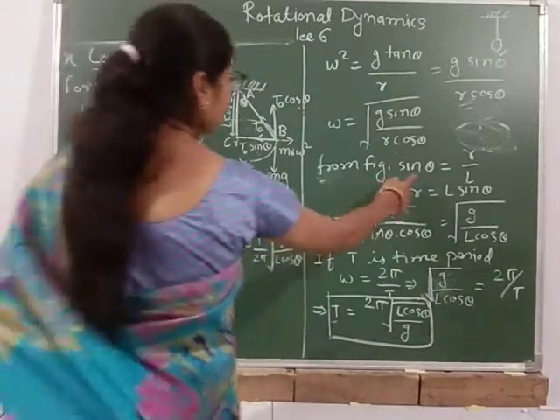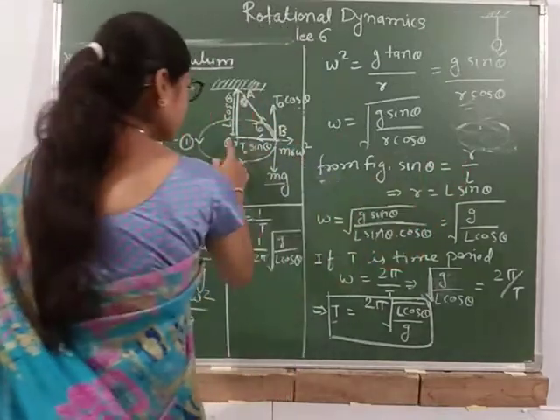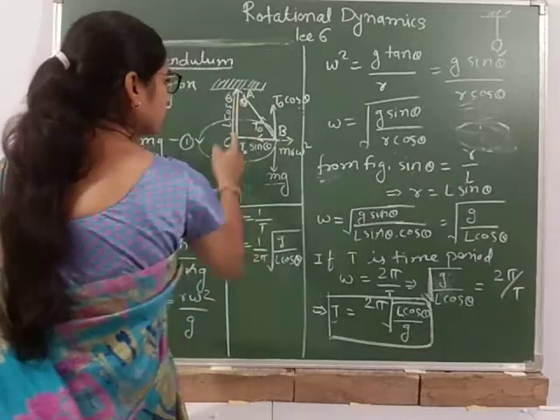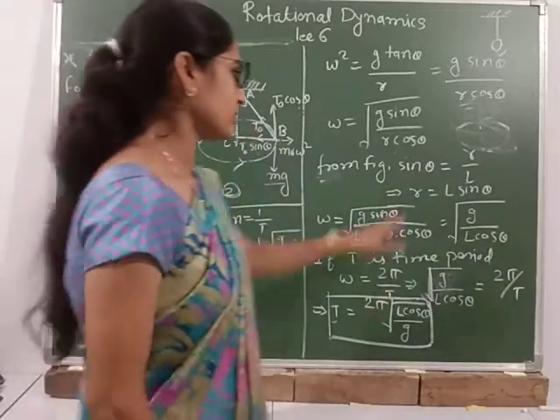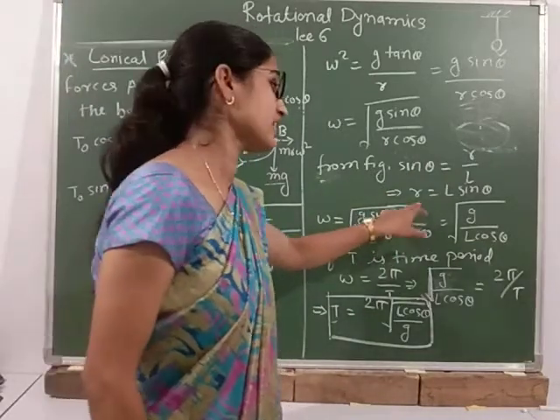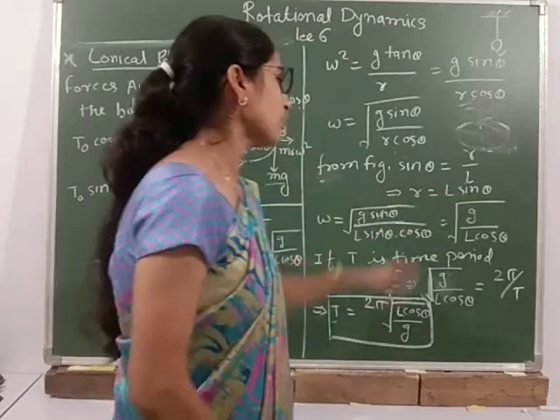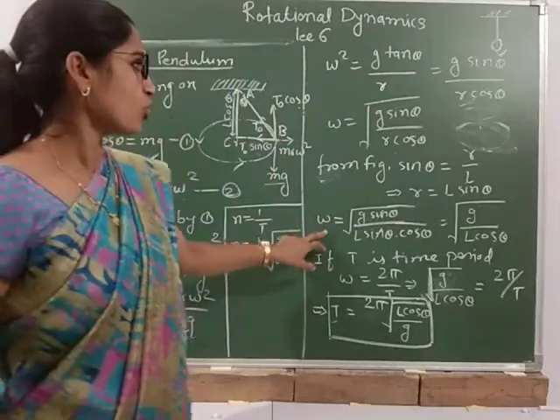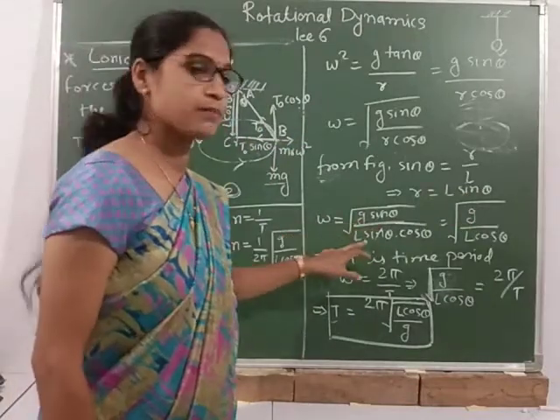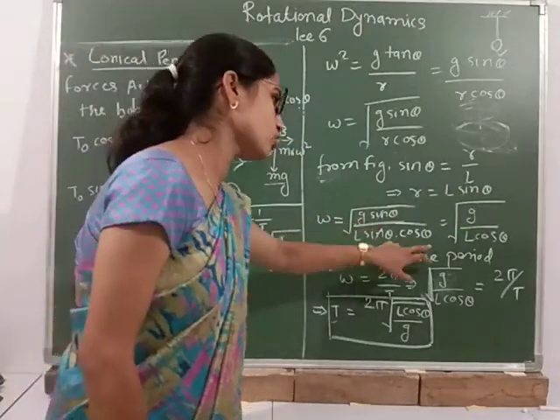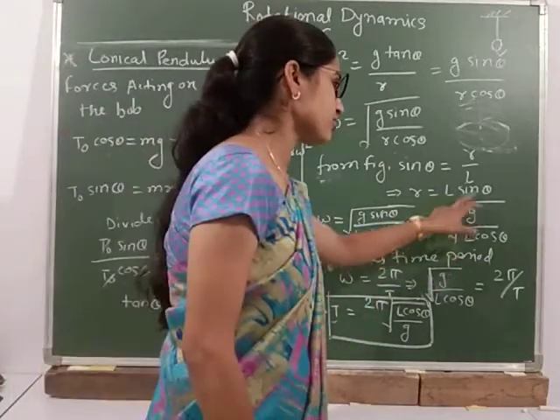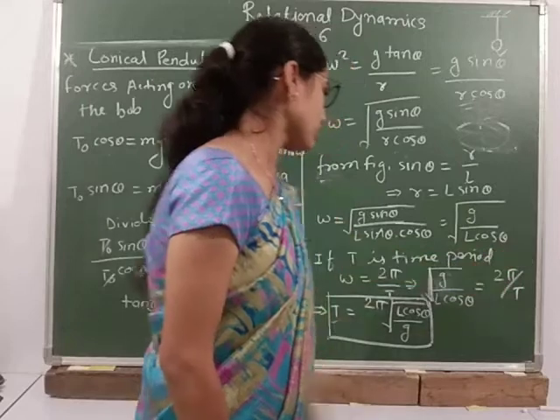That sin theta will be r upon L, where r is the radius of the bob's circle and L is the length of the string. So the radius is r equal to L sin theta. Putting this in the previous equation, omega is equal to under root of g sin theta upon L sin theta into cos theta. Here sin theta gets cancelled. What is left is the square root of g upon L cos theta.